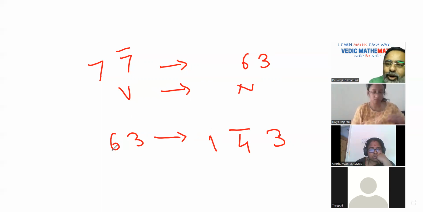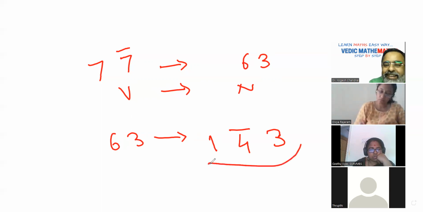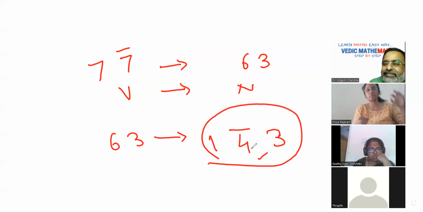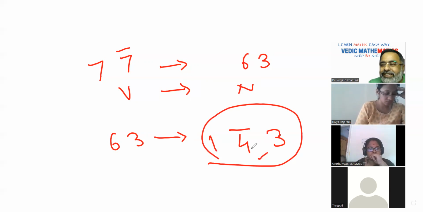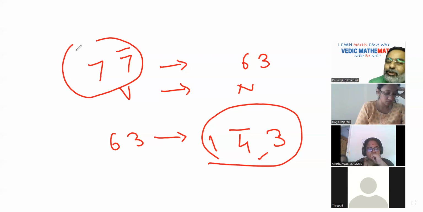When you are converting a normal number to vinculum, you'll not get any number bigger than 5. And in other cases also, no number would be above. But in imagination, I can imagine 7 bar 7, or in the calculation, I can get 7 bar 7. You cannot stop that, no? This you can get in calculation. How can you stop this?